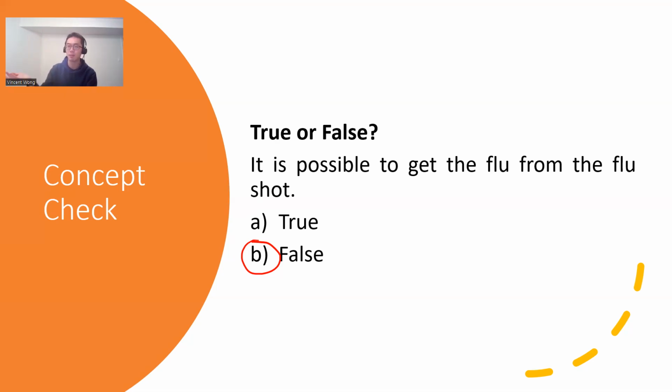But some of you might wonder, how come I sometimes feel sick after I get the vaccine? You might feel a fever coming in, or feel under the weather for a few days. You have to understand that when you inject the vaccine into the body, it is a foreign antigen.